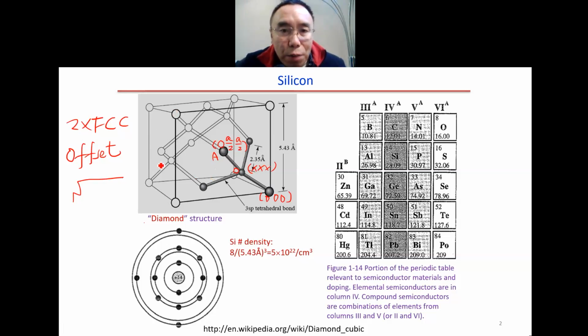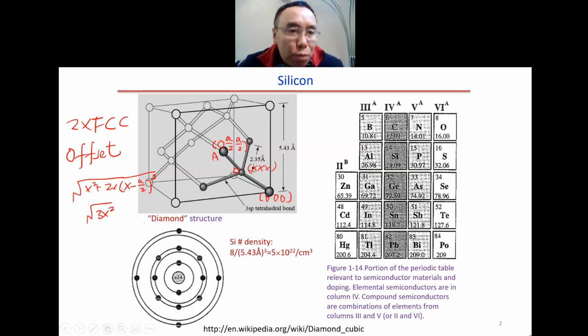Then the distance AO will be the square root of (0 minus x) squared plus (x minus a over 2) squared plus (x minus a over 2) squared. So it's given by x squared plus 2 times (x minus a over 2) squared. The distance from the origin to this atom is the square root of x squared plus x squared plus x squared.